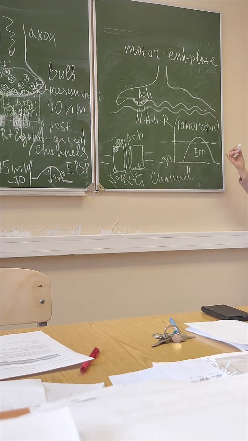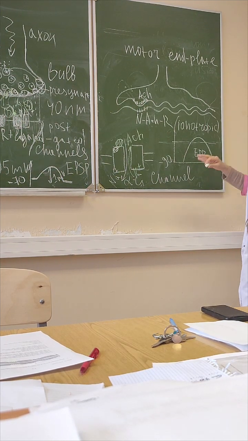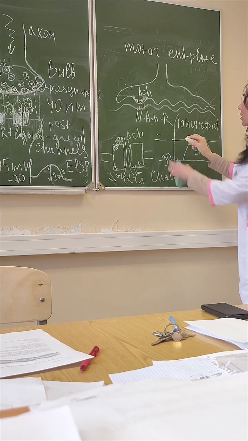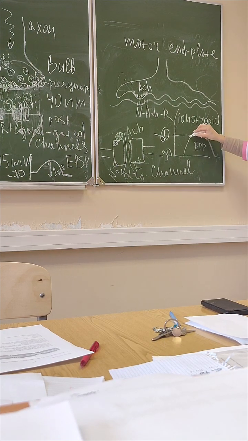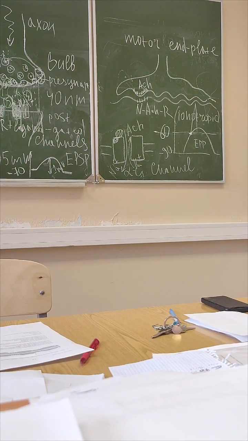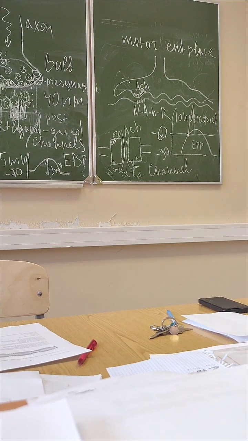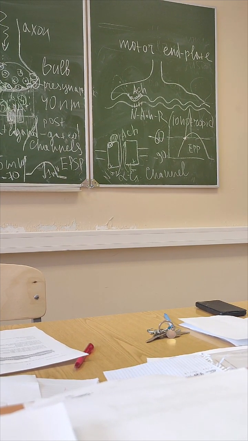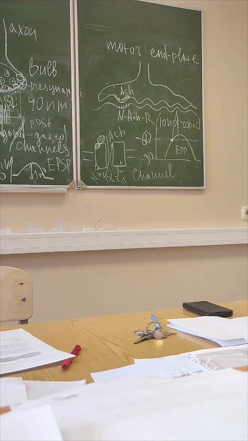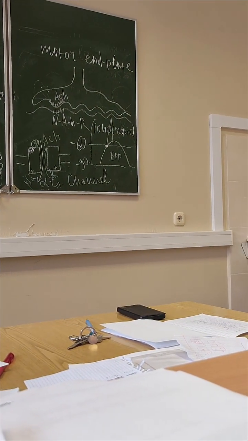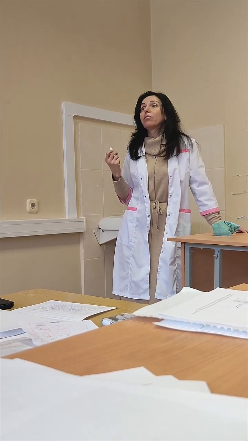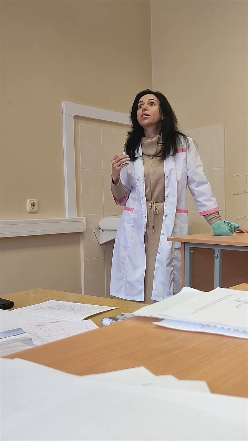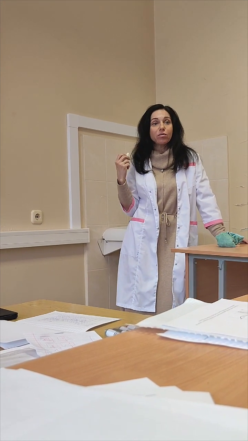In healthy muscle it always reaches threshold and above, to action potential. So healthy muscle with normal synapse responds 100% to each action potential. Skeletal muscle is a soldier. It must only respond to signals from the brain.